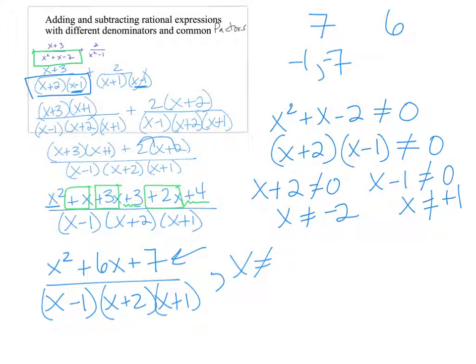So with that first denominator, if x is equal to negative 2 or x is equal to positive 1, you're going to get a 0. So both of those are going to be excluded from the domain.